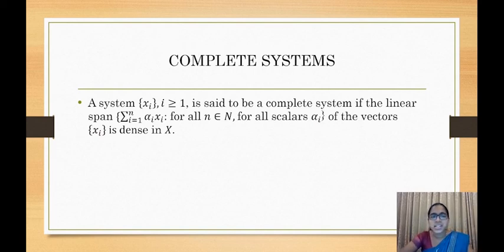It's just that a system set x_i is said to be complete if the span of set x_i is dense in X. That is, all possible linear combinations of elements of x_i must be dense in the space X. Then we say that that particular system is a complete system.